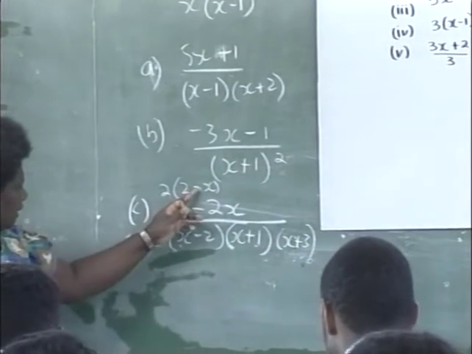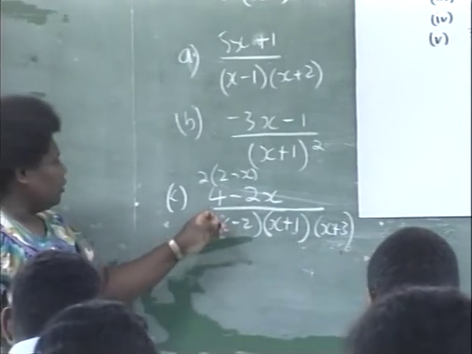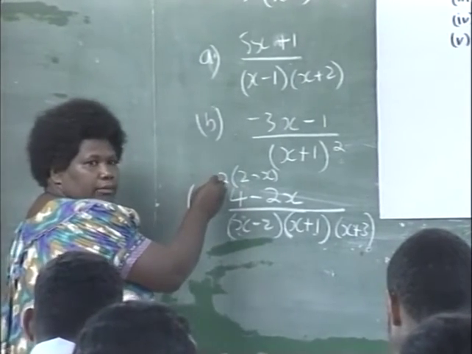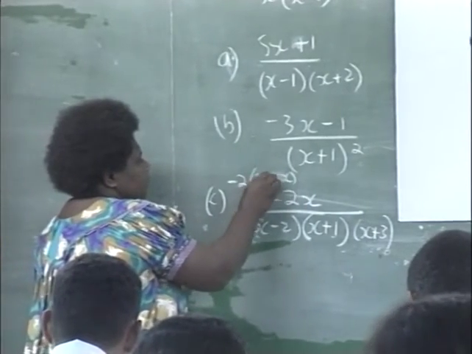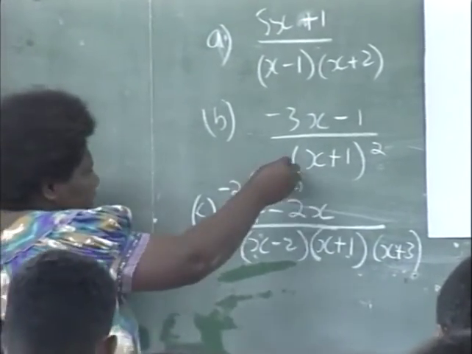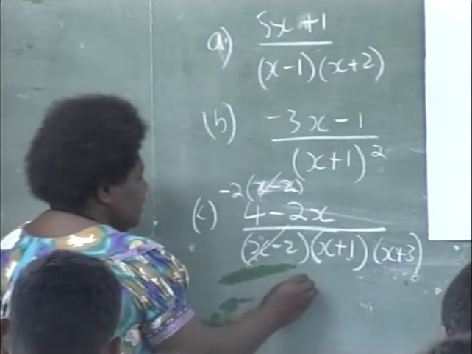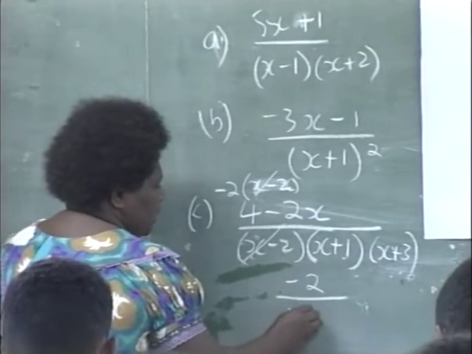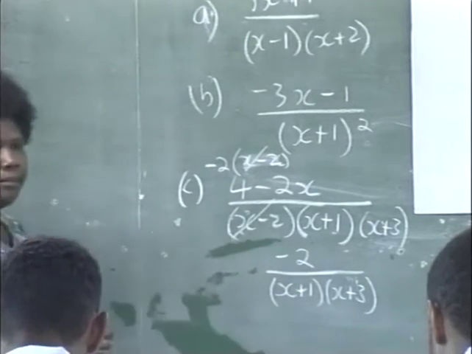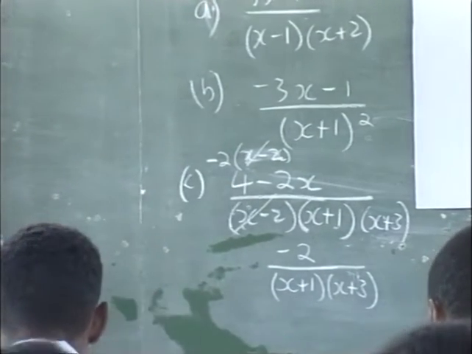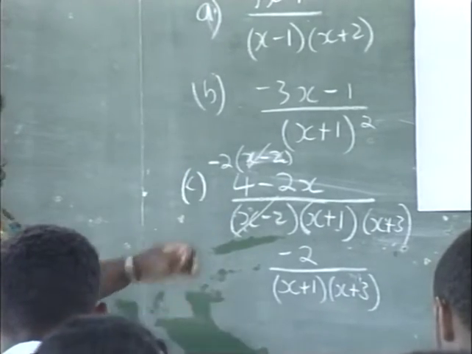Okay, 2 minus x can actually cancel with x minus 2. If you take out negative 2, you will actually have x minus 2 here. And then you can cancel x minus 2 and x minus 2. The most simplified answer is minus 2 on x plus 1 times x plus 3. This one is not wrong, it's just that you can simplify further. So take note, if you can factorize, try to factorize to see if you can cancel.